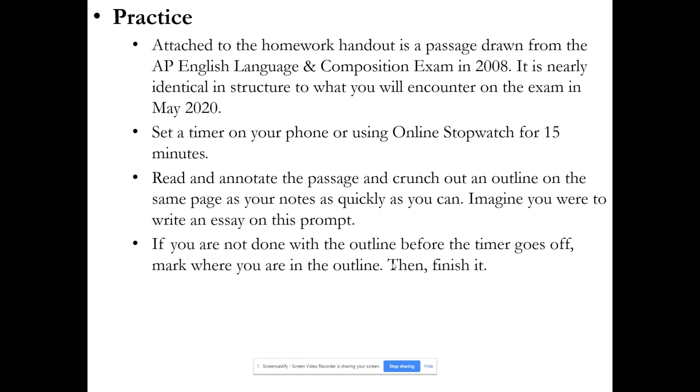So if you're not done with the outline before the timer goes off, that's fine. You should clearly mark so I can see when I check your homework where it was that you were in the outline when the timer went off. But then you should finish the outline because I still want you to have the practice of being able to put together an outline. You should, of course, bring this to be checked.